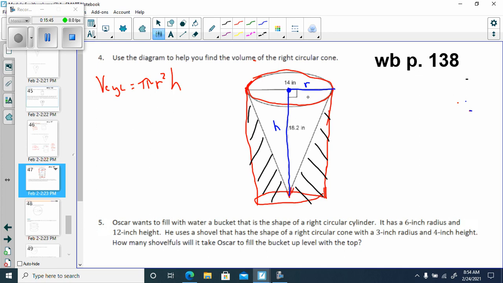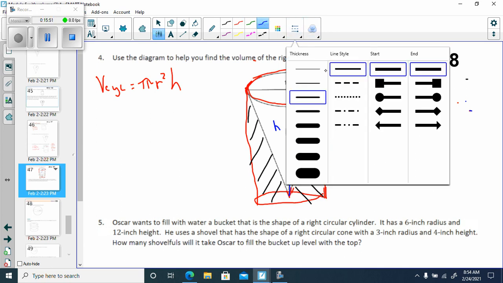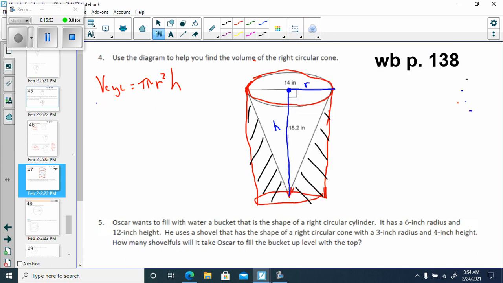This cone is 1/3 the volume of that cylinder. So the volume of our cone is going to be 1/3 the volume of this, pi r squared h. That's where that formula comes from.